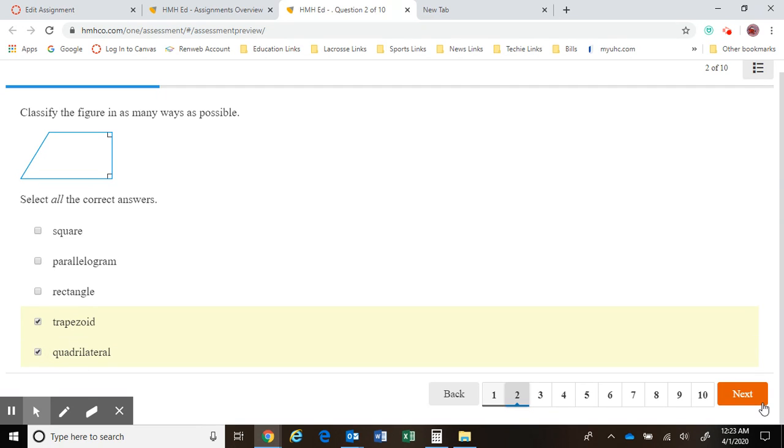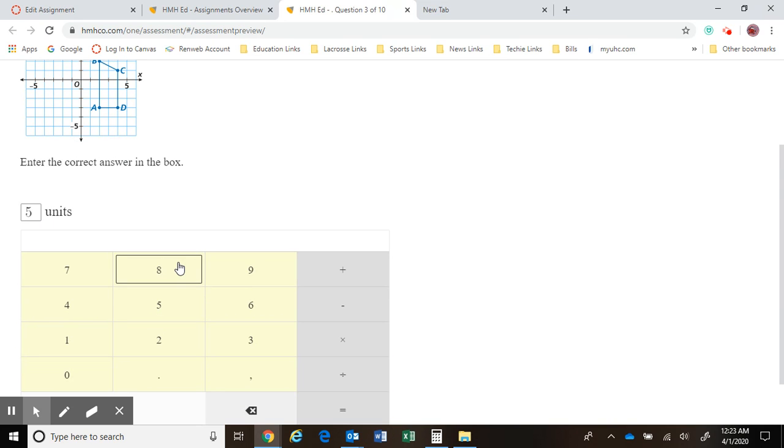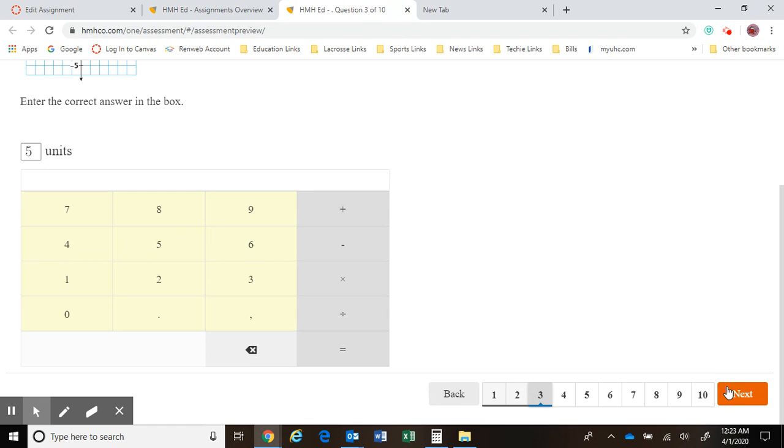Okay. Moving on. Determine the length of AB of quadrilateral ABCD. Let's find side AB. Here's A, here's B. Let's count the number of spaces. 1, 2, 3, 4, 5. 5 units. All right, moving on.